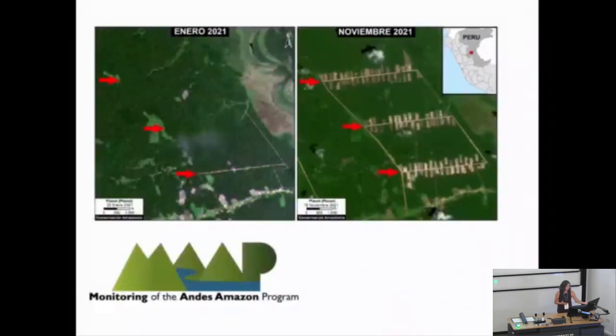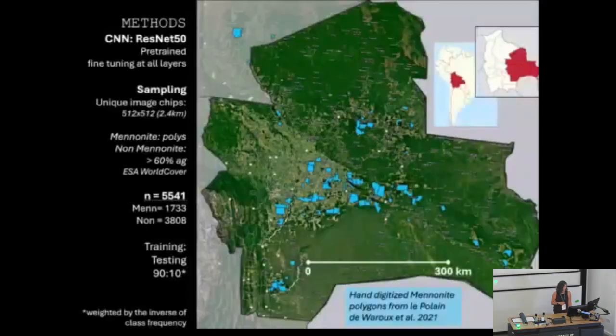The Monitoring of the Andean Amazon program looks at high resolution imagery and focuses on things like gold mining and industrial expansion, but they also have the Mennonites in their sites. You can see this is primary forest. It's a lot of work to clear primary forest with low mechanization, and they're making amazing progress in 11 months or less here.